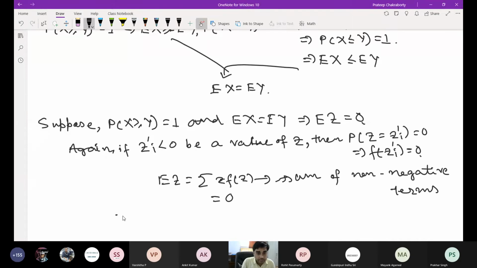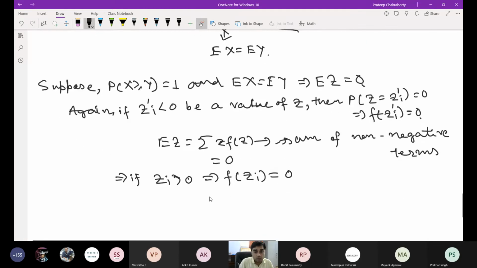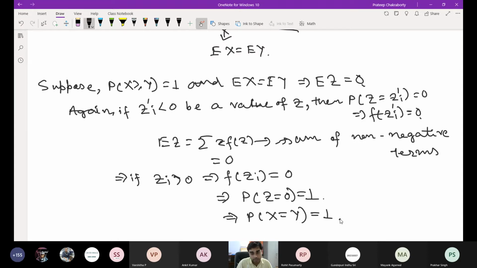That implies if zi is greater than 0, f(zi) equal to 0. So P(Z = 0) is equal to 1. So this implies the probability of X equal to Y is 1.